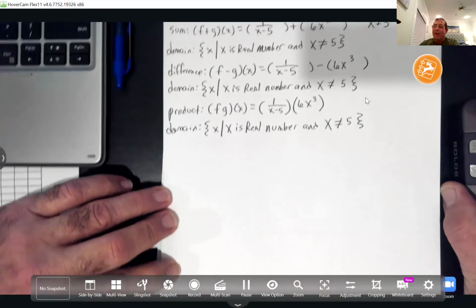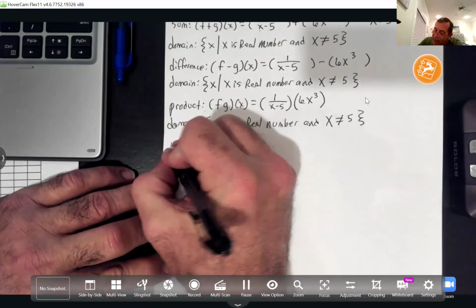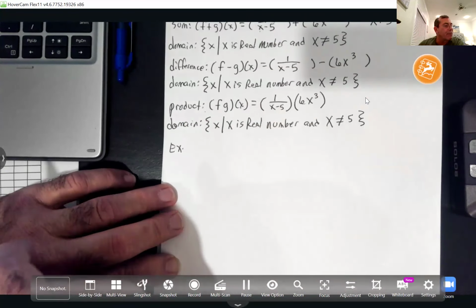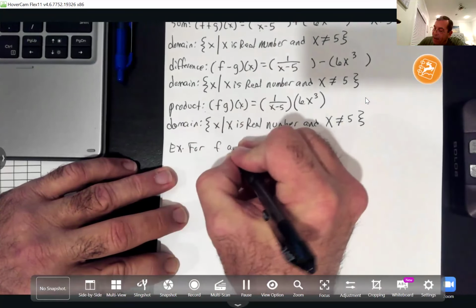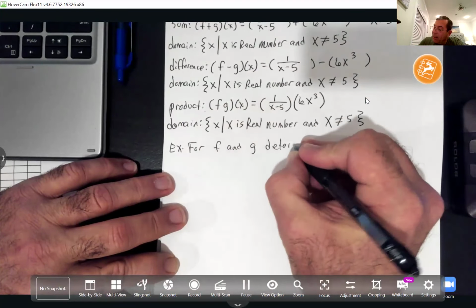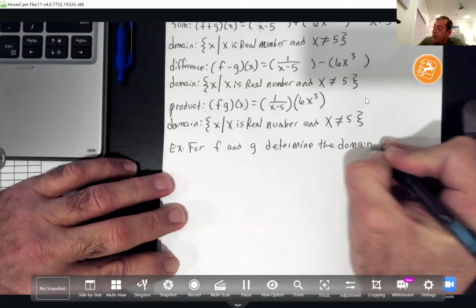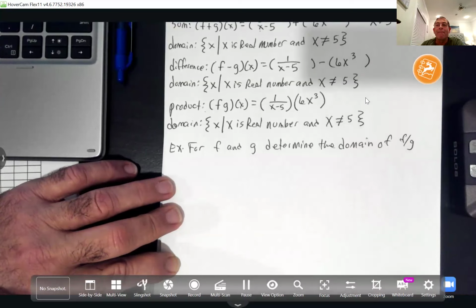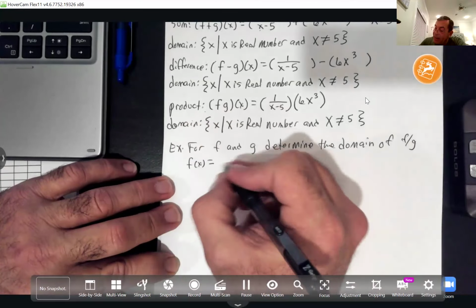All right, y'all. So adding, subtracting, multiplying. Well, there's one operation left, and that's to find the domain of a quotient. So what they want me to do for f and g, determine the domain of f divided by g. So f of x is going to equal 7x minus 10.